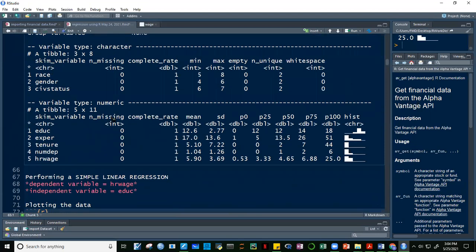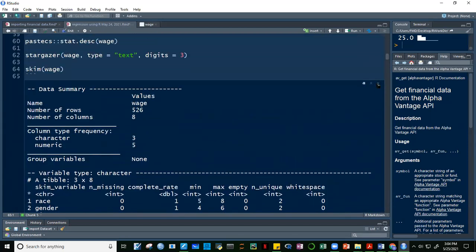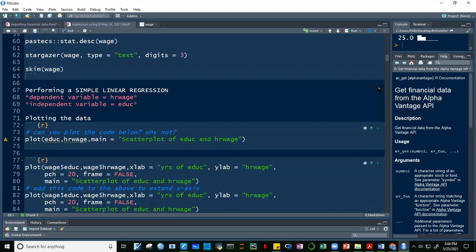Tapos ito yung numeric. No? So andyan yung mean, standard deviation, minimum value, first quartile, second quartile, third quartile, maximum value, and then a small picture of the histogram. Okay, so there are a lot of packages or functions that you can use in order to describe your data.